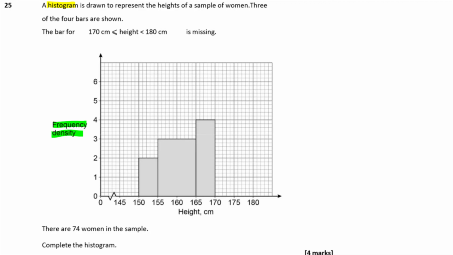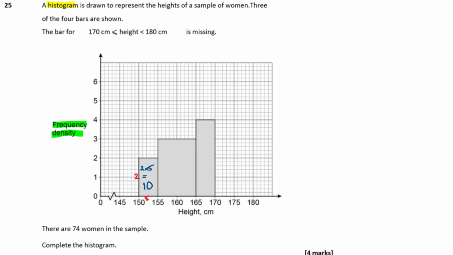So this one here, the 150 to 155, has a width of 5 units that way. And the height then is 2 from the frequency density scale. So the number of people, the frequency in here, is going to be 2 times 5, which is equal to 10.